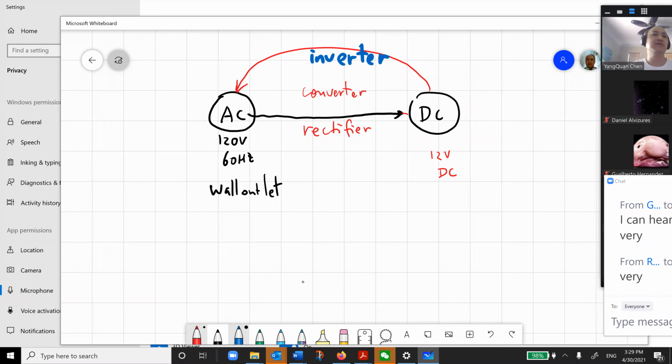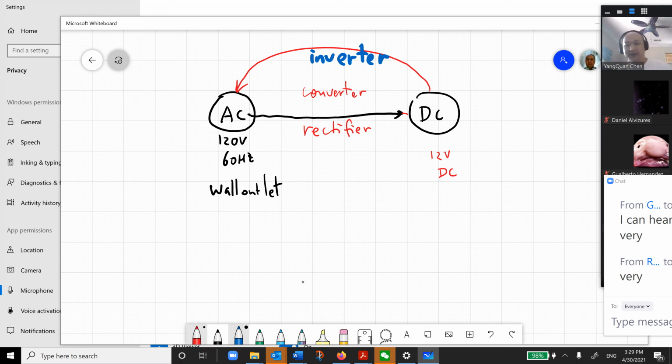Okay, inverter. So if you go to Walmart and say, oh, I want to buy a DC to AC converter, people will get confused. Converter means AC to DC. From DC to AC is called an inverter, okay? Inverter.